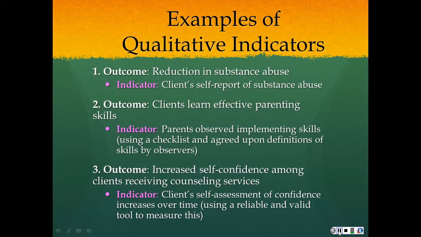So client self-assessment of confidence increases over time. So you would implement this tool at the beginning of services, maybe in the middle of services and at the end of the services, and you would see hopefully that the client's responses show an increase in self-confidence. So those are some examples of quantitative and qualitative indicators.